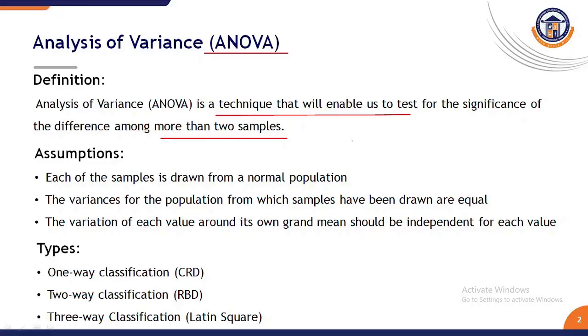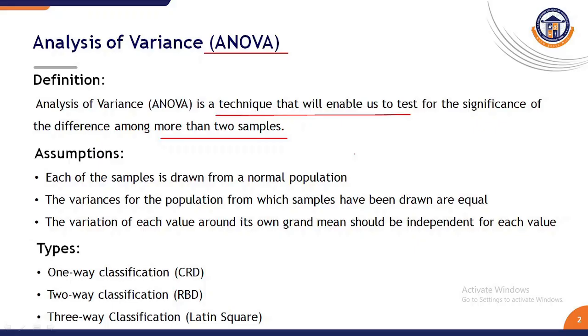It is a statistical method used to compare the means of three or more groups. ANOVA calculates F statistics to estimate the ratio between the group variability to within the group variability.